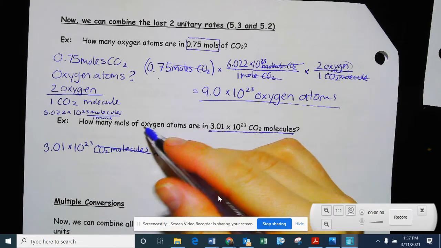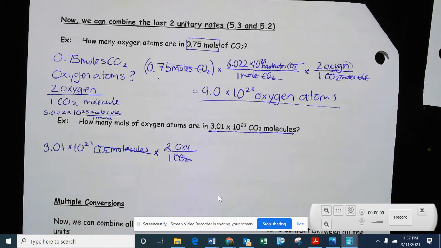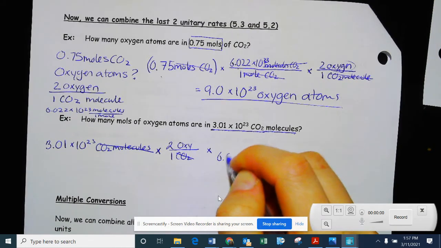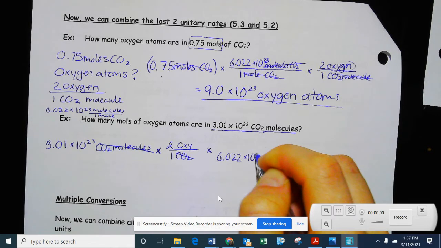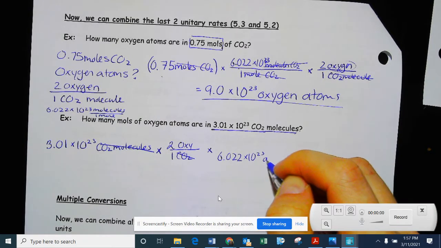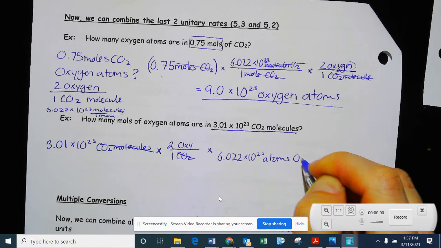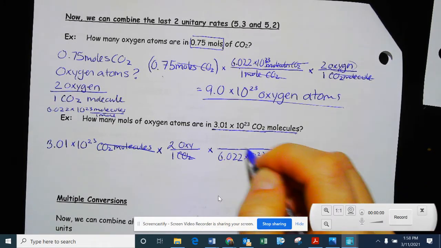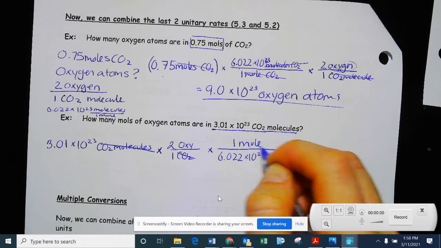But it's asking me for how many moles of oxygen. So now I'm going to pull out Avogadro's number. I'm going to go, okay, 6.022 times 10 to the 23 atoms of oxygen in every 1 mole of oxygen.